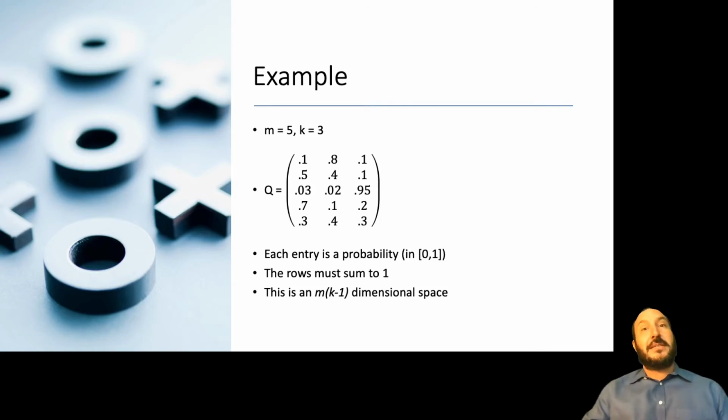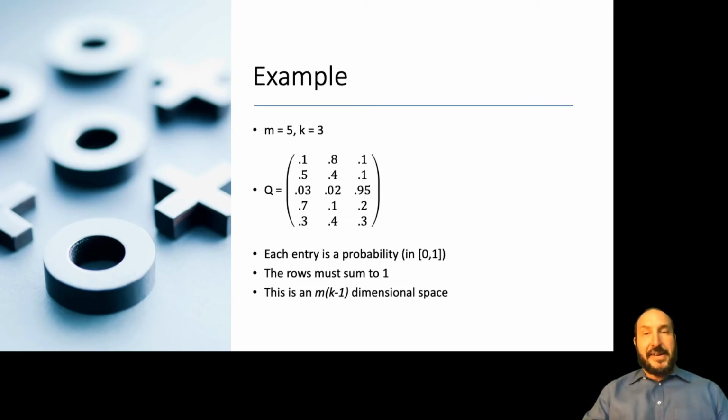And I want to point out that this is an m times k minus 1 dimensional space. So what do I mean by that? Well, because the rows must sum to 1, if I just gave you the first two columns of this matrix, the third column is already defined. I have no flexibility in defining the third column once I've defined the first two columns.